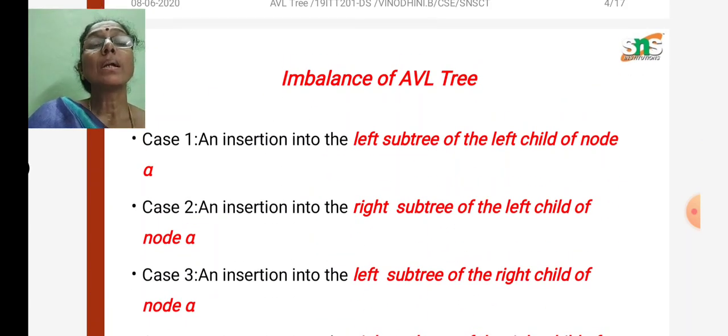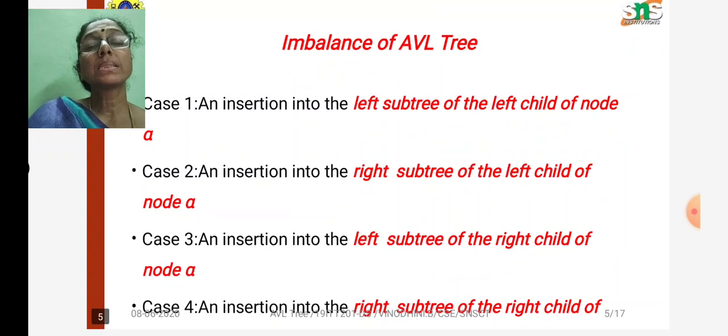When the tree is imbalanced, we have four cases. Case 1: insertion into the left subtree of the left child. Case 2: insertion into the right subtree of the left child.